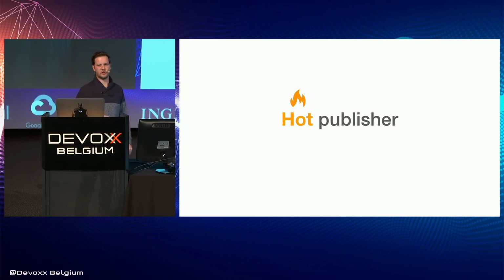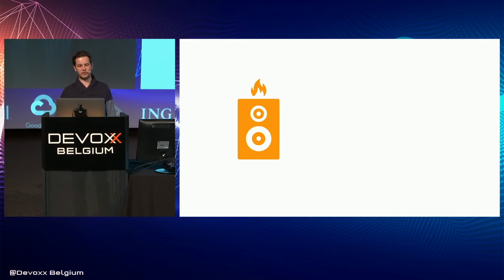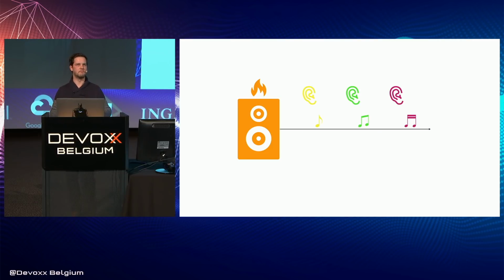Enter the hot publisher. The hot publisher, on the other hand, doesn't really care that there is 1 subscriber, or 3 subscribers, or 1,000 subscribers. It can be triggered by the first subscriber, but once it starts generating data, it sends the same data to everyone.